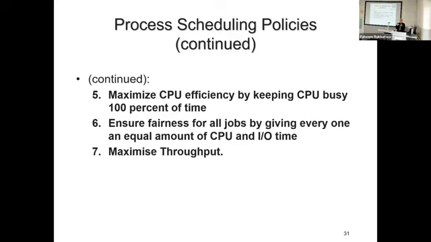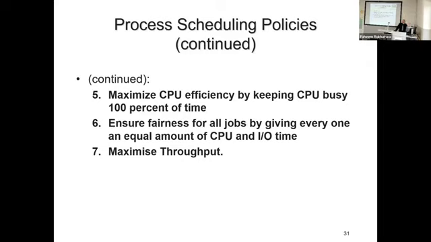We don't want to do thousands of these, because that means the CPU is going to be sitting idle for that length of time. And so if the CPU is not working, the utilization drops.